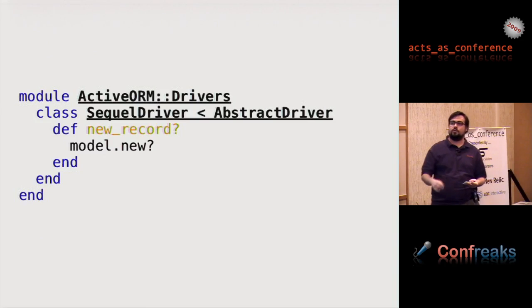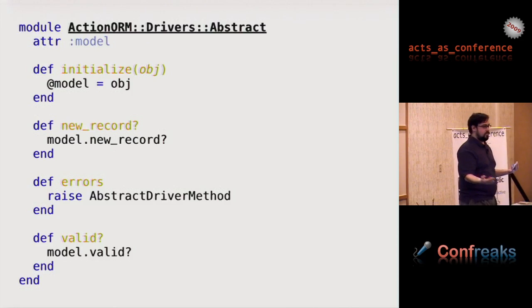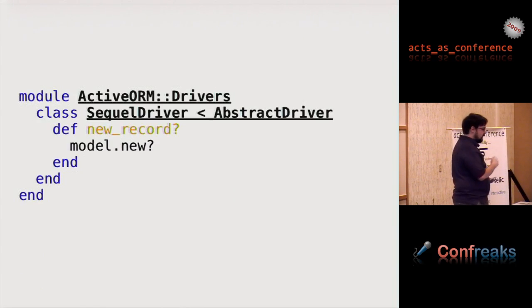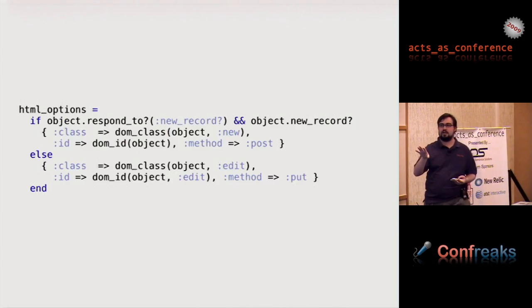If you go back, sorry about that, you see that you need to provide new_record?, errors, and valid?. By default, new_record? just asks new_record? on the model. For errors, it doesn't try to make a default because that's a really complicated thing, and valid? just asks valid?. SQL actually complies with the normal errors interface, the Active Record one, and it just provides a new_record? that proxies off to new. Sorry if that wasn't so obvious.